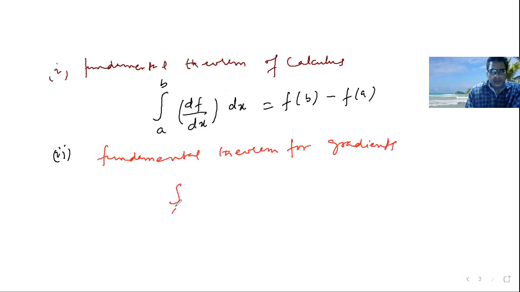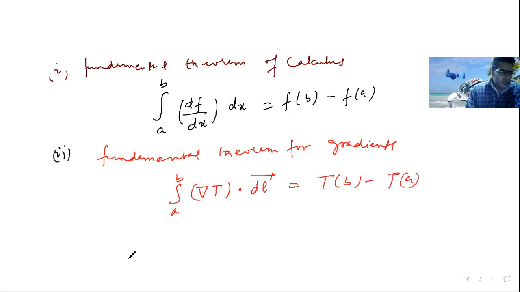The statement was, integral from a to b of gradient of T dot dl is T of b minus T of a. I want to make the comparison that will clear your concept.